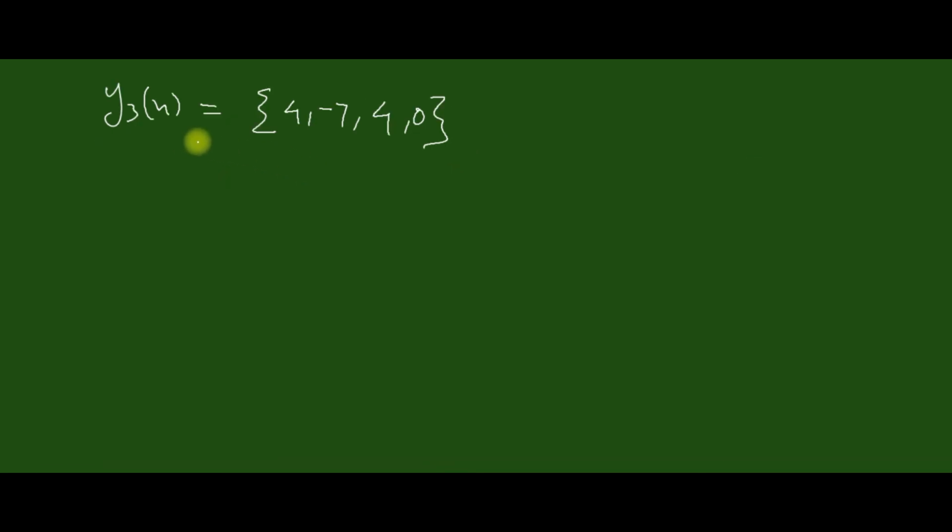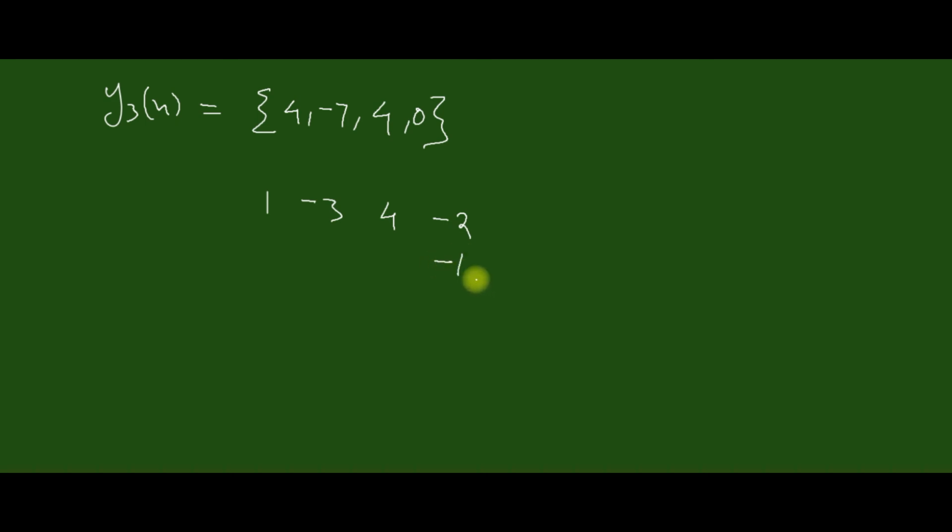Next write y1, y2, y3 with the overlapping values aligned. So y1 of n equal to 1, minus 3, 4, minus 2. Now y2 of n: because the overlapping value is 1, the last value of the first sequence and the first value of the second sequence overlap.